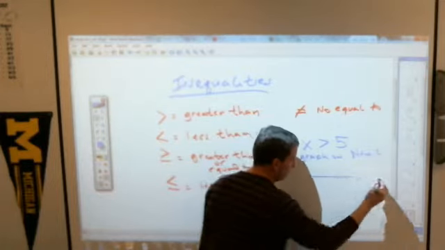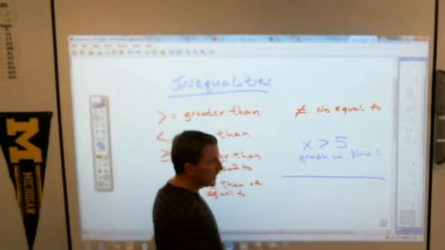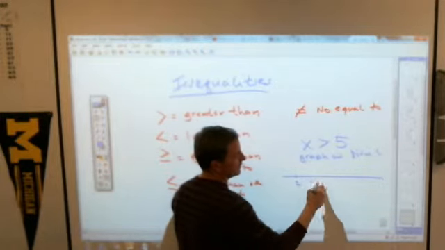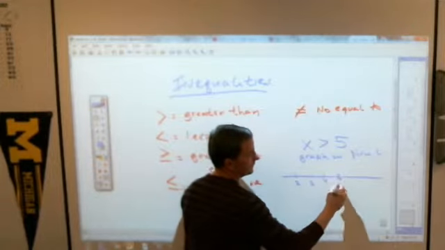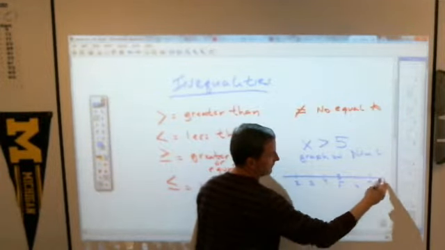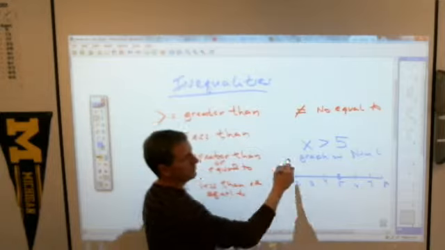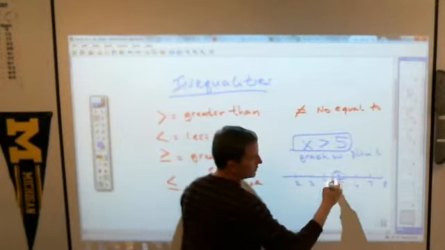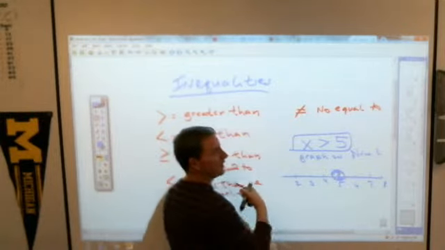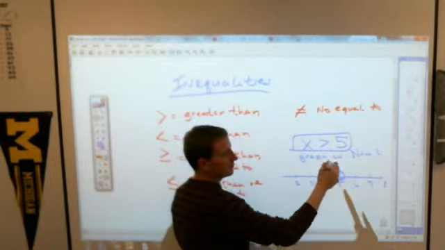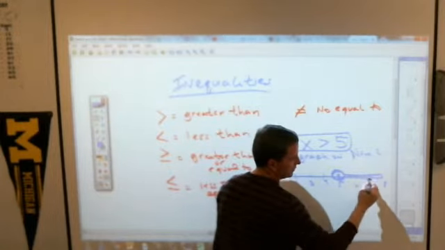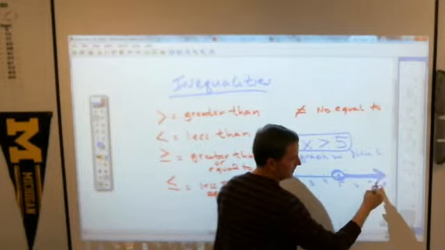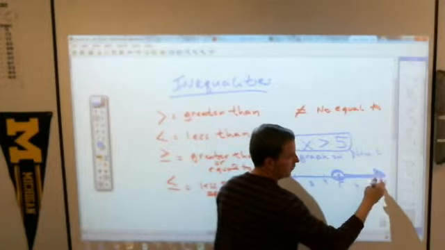If you were an extra overachiever, you could sit down and do this: 2, 3, 4, 5, 6, 7, 8. And if you were showing me this as an answer, here at 5 you would put an open circle and you would color in the side of the line where all the answers bigger than 5 are, and then put an arrow this way. Why would you put an arrow there? Because it goes on forever.